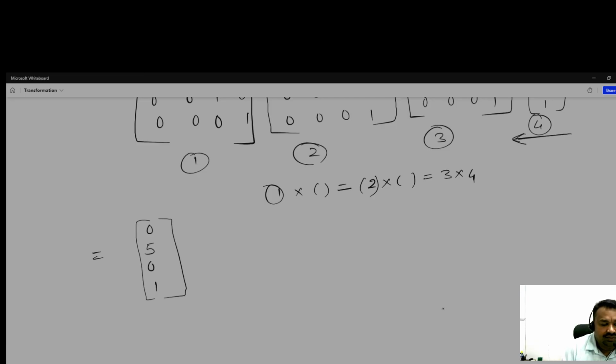The new position F new, or you can say these are the new coordinates of the end effector.